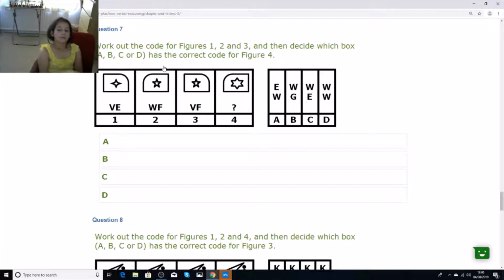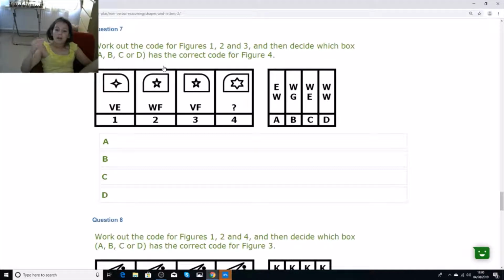And W must mean the curve left. So already we know that 4 starts with W because the curve is at the left. So we eliminated A straight away. And now we have a variety of shapes inside, which I think, so F and F, that must represent that sort of star in 2 and 3.